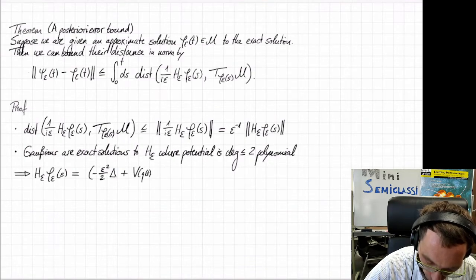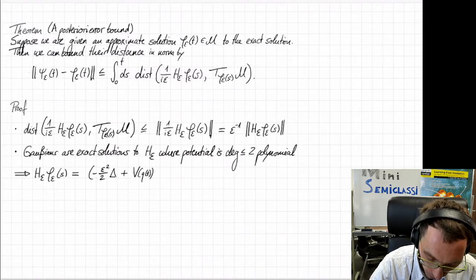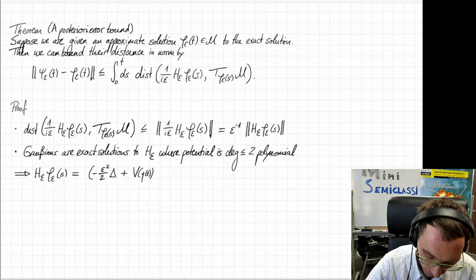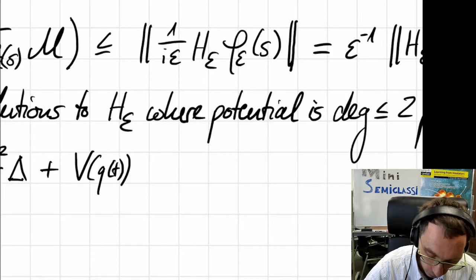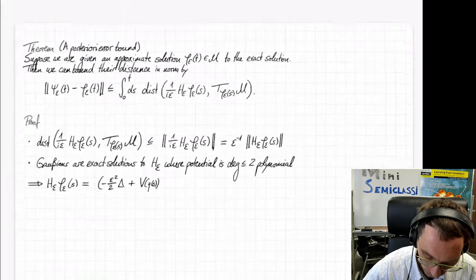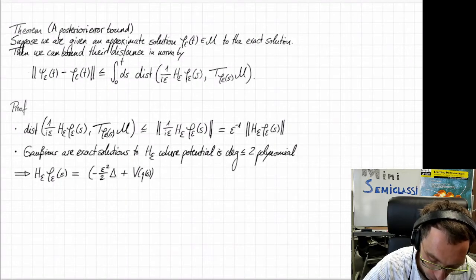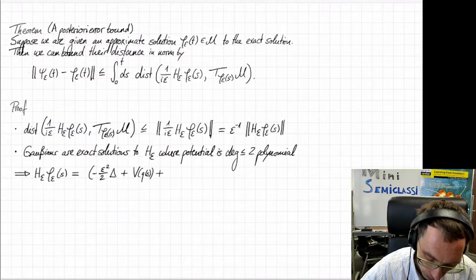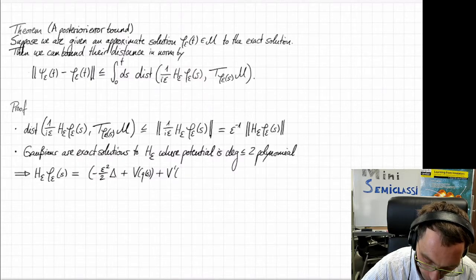So here Q of s is the Q coordinate of phi epsilon of s. Remember, by assumption, this solution lies in the constraint manifold, so I can use position, momentum, and so forth as coordinates. So here I'm expanding around the mean position.